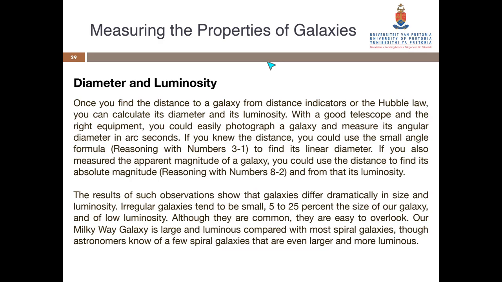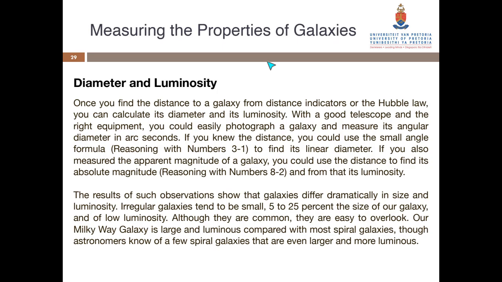Once you find the distance to a galaxy from distance indicators or the Hubble law, the next thing we can do is calculate the diameter and luminosity of the galaxy. Those are the next characteristics we can determine. With a good telescope and the right equipment, you could easily photograph a galaxy and measure its angular diameter in arc seconds.